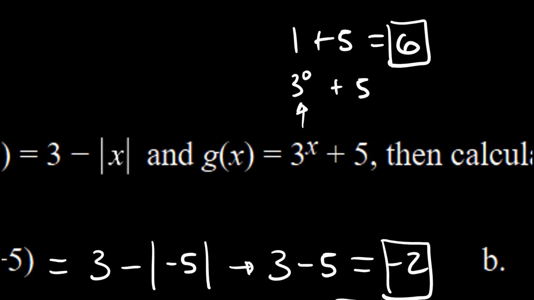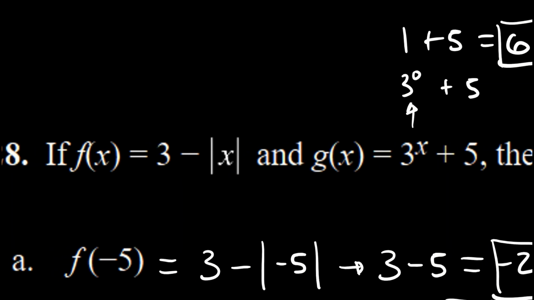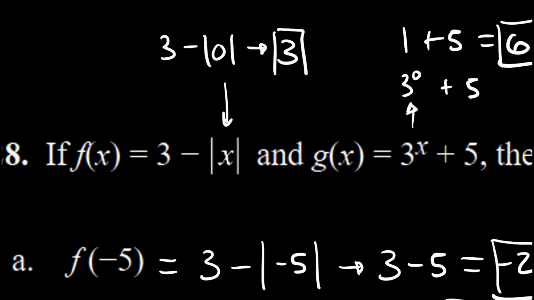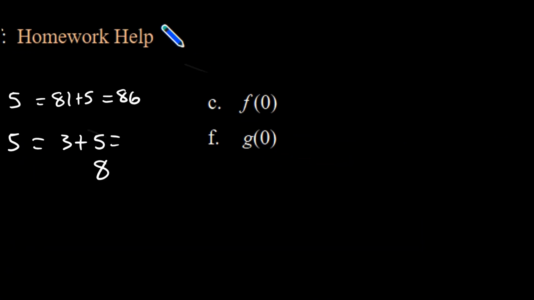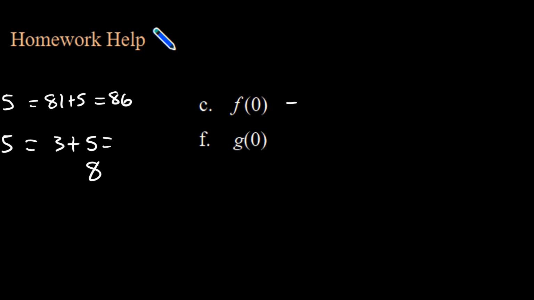So I put 0 into that function, I get 6. And the other one, when I put 0 into here, this is going to be 3 minus the absolute value of 0, which is just 3 minus 0, which is 3. So f of 0 is 3, and g of 0 is 6. So I can come over and write here, f of 0 is 3, and g of 0 is 6.